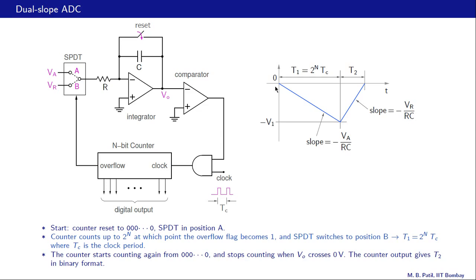When we integrate VA, what happens to the noise? Because it is both positive and negative, its integral is approximately 0 or a very small value, and therefore it does not reflect in the digital output. And that is a big advantage of the dual slope ADC, and that is why it is popular in applications such as handheld multimeters.